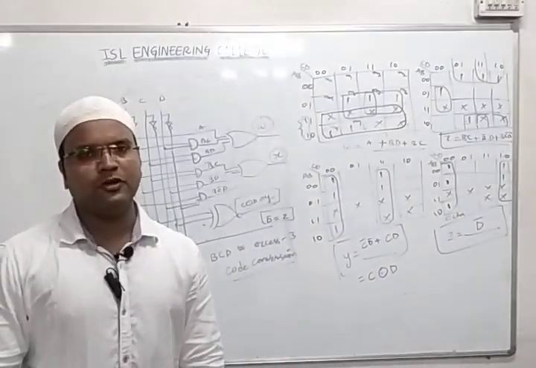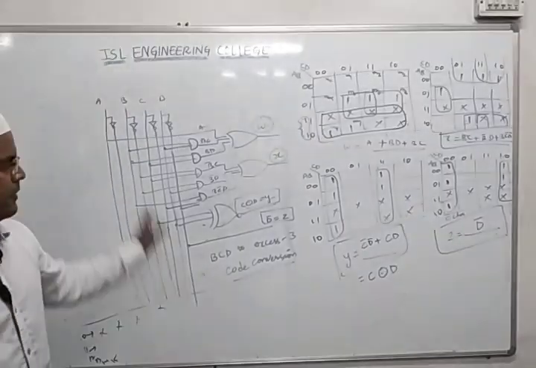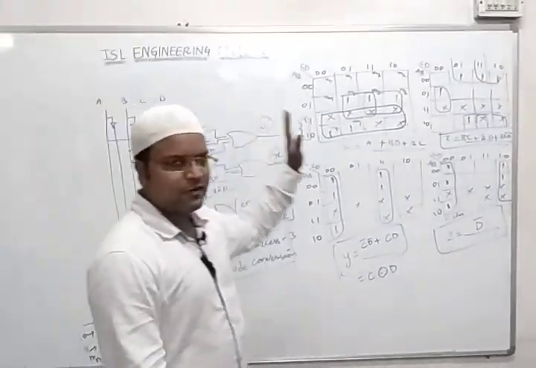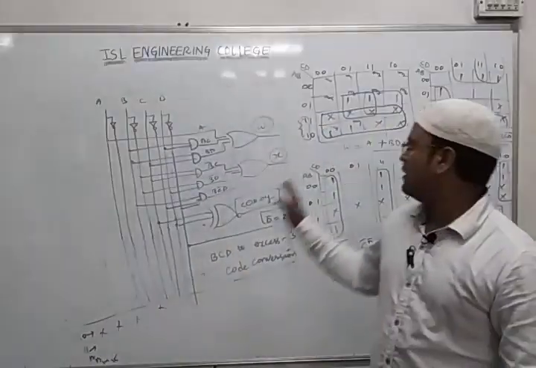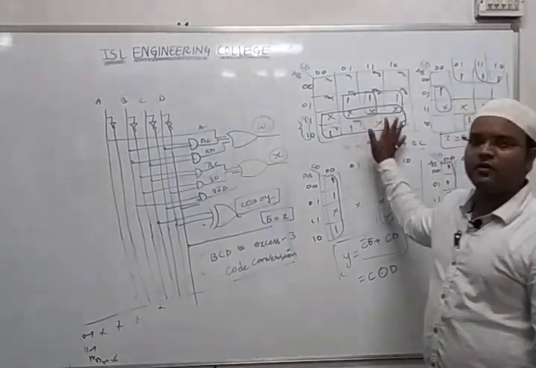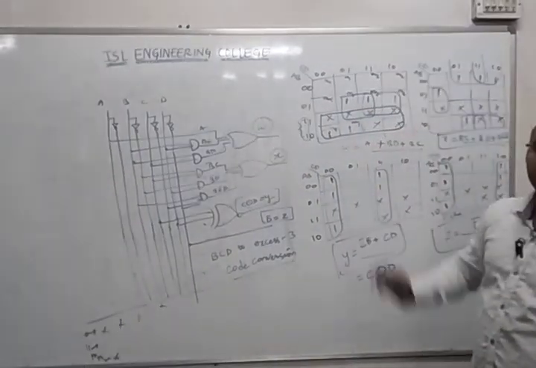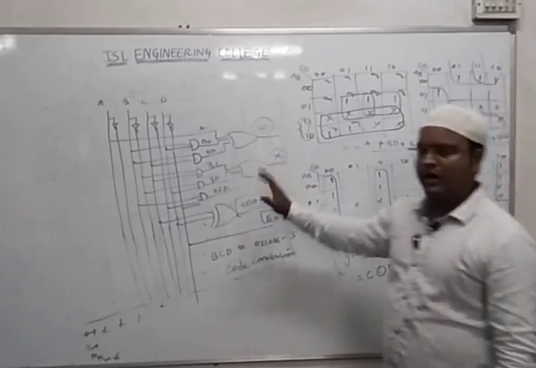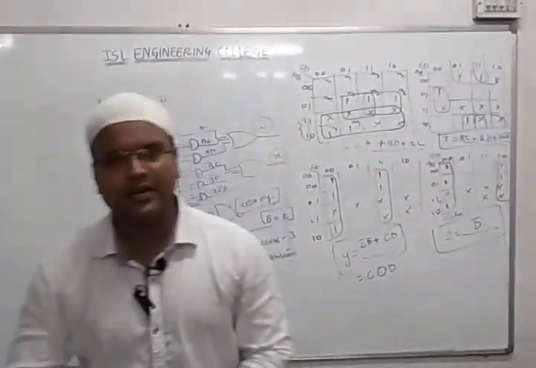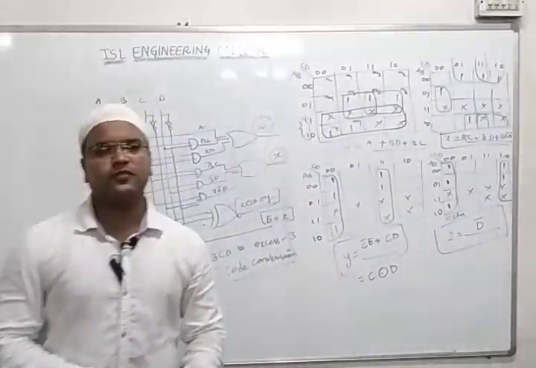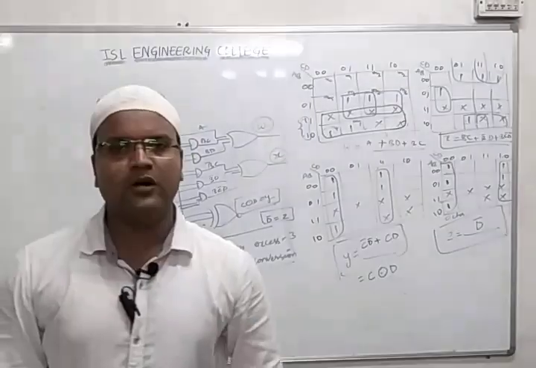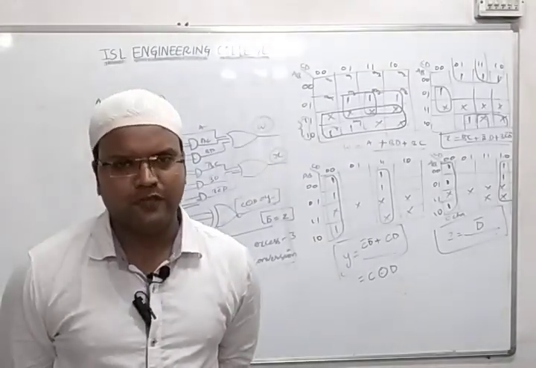To convert to excess 3, every value you need to add plus 3. After adding plus 3, we have the values from 0 to 9, and 10 to 15 are all don't care. That way we took all of them as don't care. Then we take those values as per the logic diagram and find out. So this is the way we can convert the given code into the respective value.